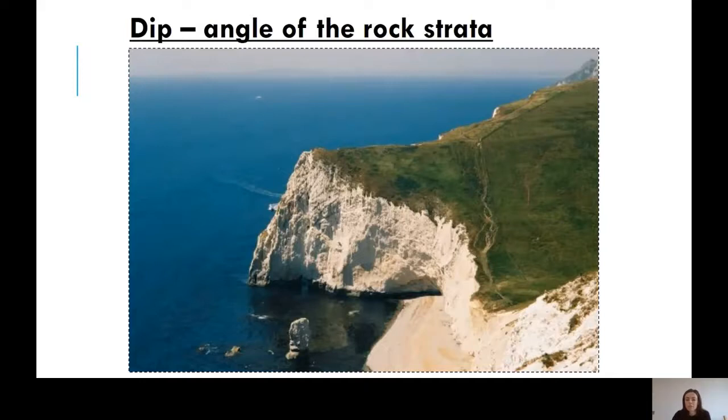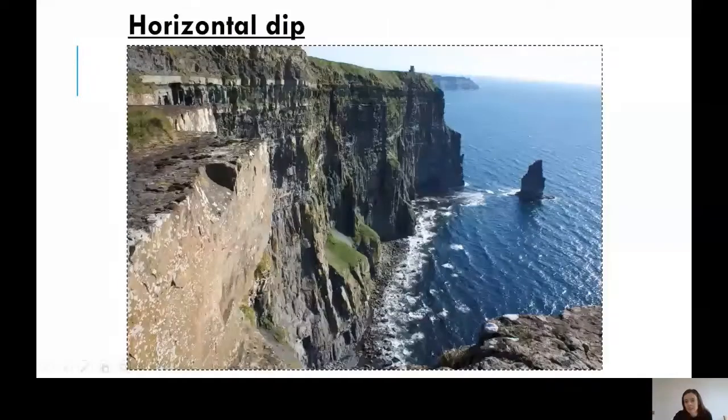So here we have horizontal dip. Can you see the strata is horizontal here? This often leads to rock fall because the bottom of the cliff gets eroded, forming a wave cut notch.